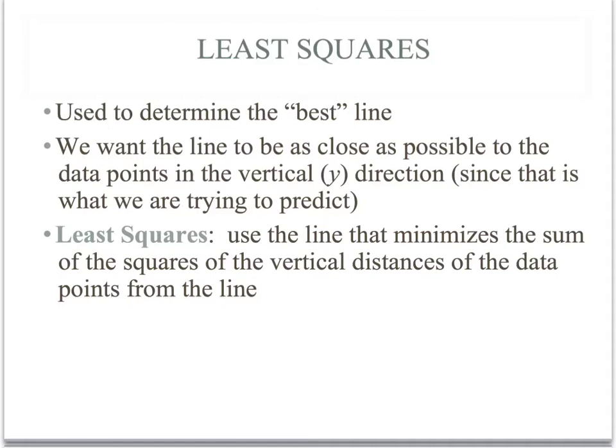So you take the distance of each data point from the line in the vertical direction, so how much above or below the line it is. And you square it, and you add them all up together. We want that to be the smallest number possible. So that's what the least squares part of it is.